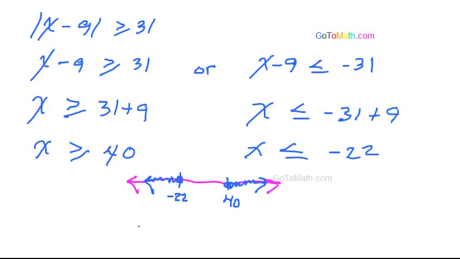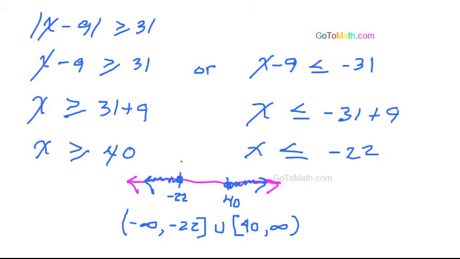And so now we have negative infinity to negative 22. Now we include it, so we're going to put a bracket here. Union, and then 40 to infinity. Once you write this out, it helps you draw this in, because you can just do that one, and then union, and then this guy right here.